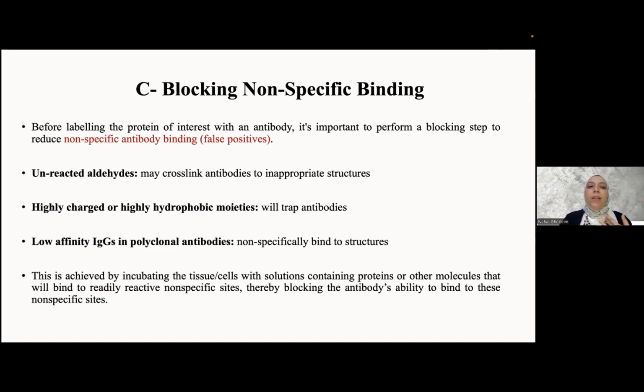Actually, due to unreacted aldehydes, like we mentioned in the previous slide, or due to highly charged or highly hydrophobic moieties that will trap antibodies, or low affinity of immunoglobulins in the case of polyclonal antibodies, which non-specifically bind to other structures rather than the protein of interest. Blocking can be achieved by incubating the cells with solutions containing proteins or other molecules that will bind to readily reactive non-specific sites, thereby blocking the antibody's ability to bind to these non-specific sites.